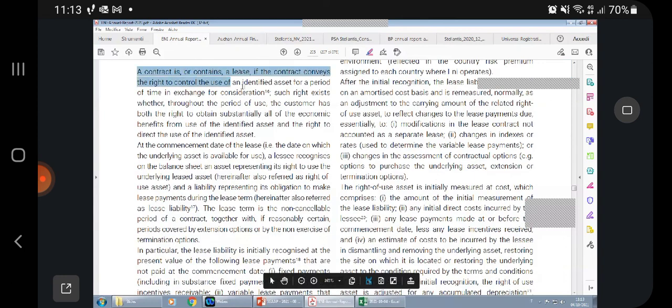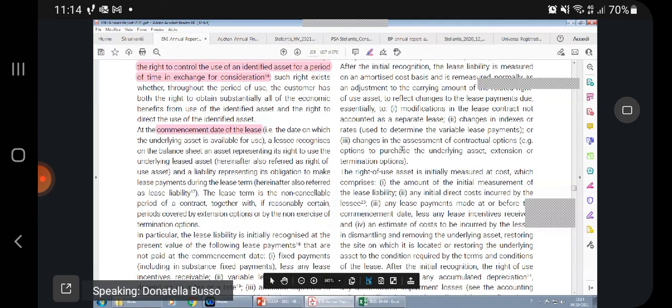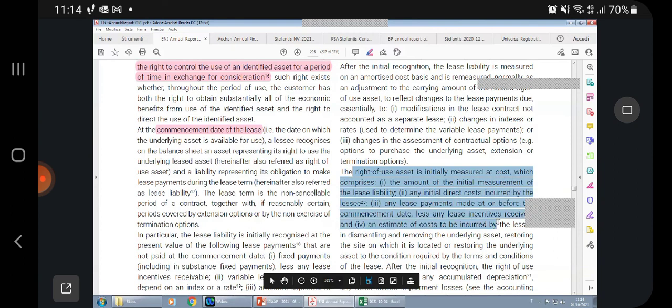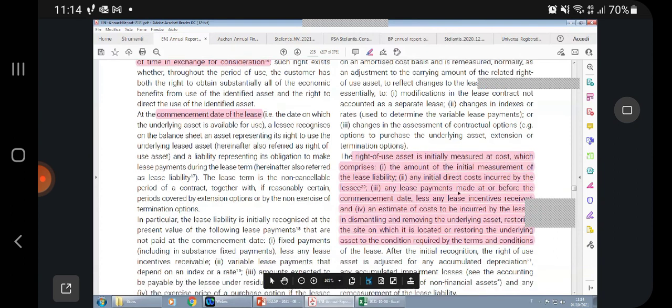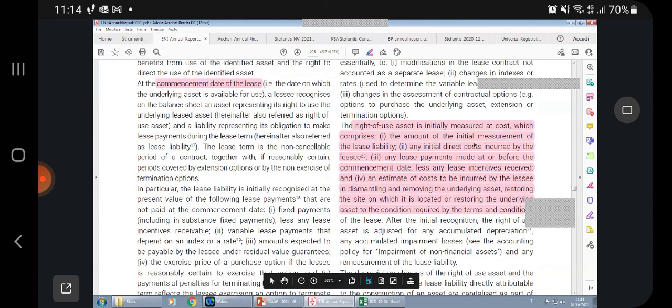This is exactly what I reported in the slides. The analysis of what it is necessary to do at the commencement date. Read here, the right of use asset is initially measured at an amount equal to the lease liability, any initial direct cost, any lease payments made at or before the commencement date, and the estimate of removal costs and so on.